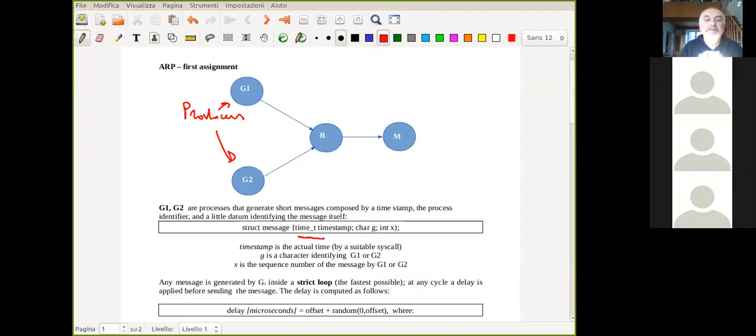The structure is this type. Very simple. A key point is the timestamp. A character, just to distinguish the message, but just 1 byte. And the sequence number, starting from 0, 1, 2, and so on.